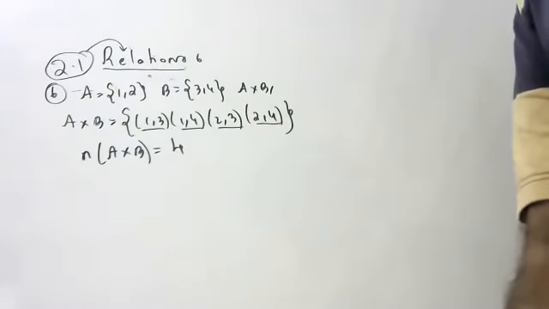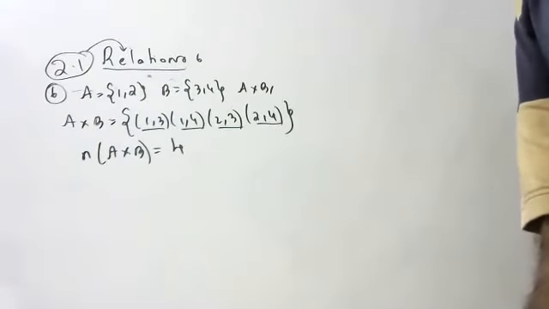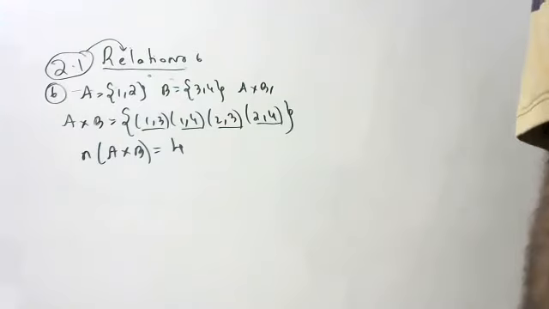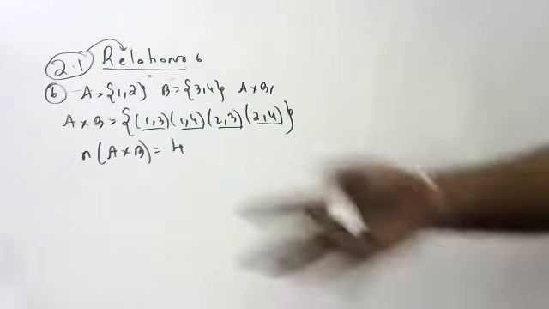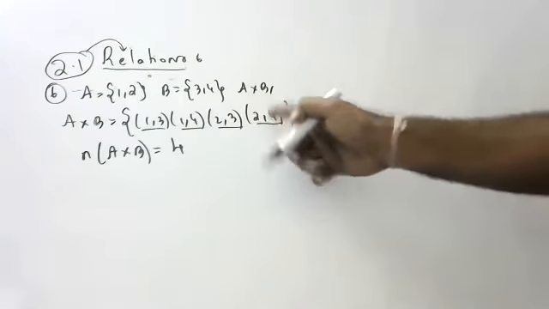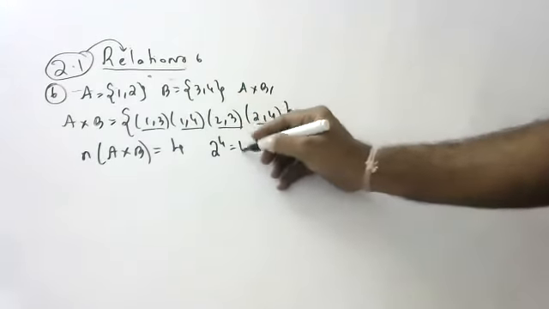So we know, children, that if C is a set with n(C) equal to m, then the number of subsets of C is 2 to the power of m. Therefore, the set A cross B will have 16 subsets. How many pairs are there? 4, no? So 2 to the power of 4, 16 subsets.